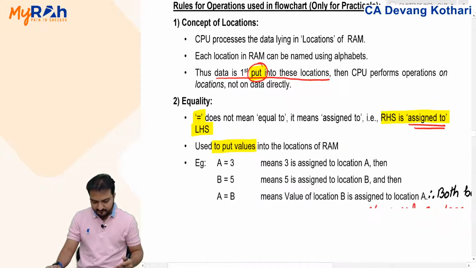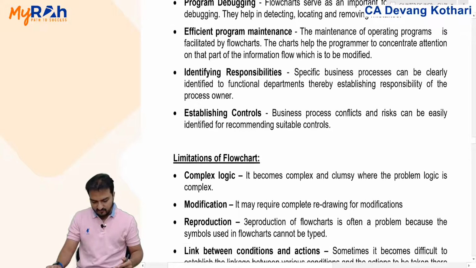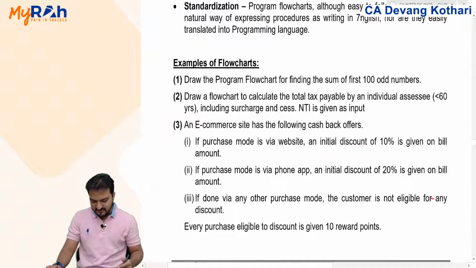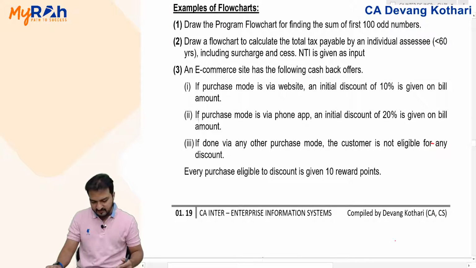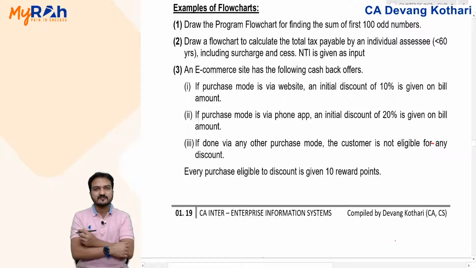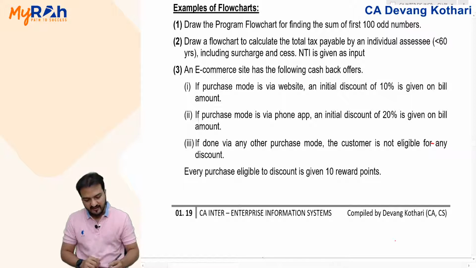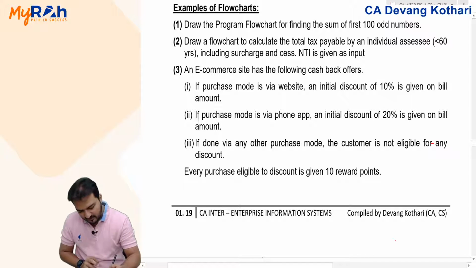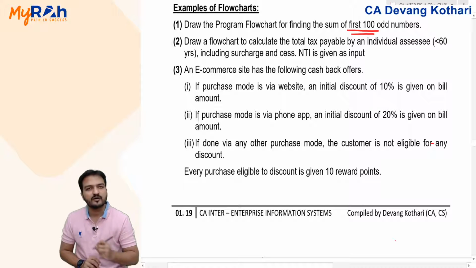Under this topic, we had made certain flowcharts like these. I had given you some examples. The first flowchart was to draw a program flowchart for finding the summation of first 100 odd numbers.